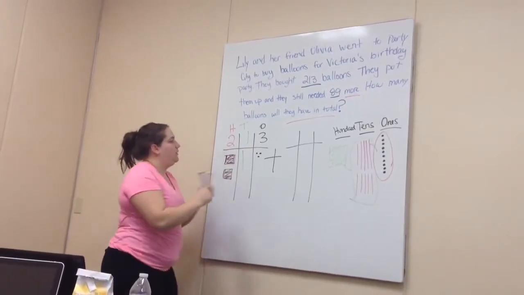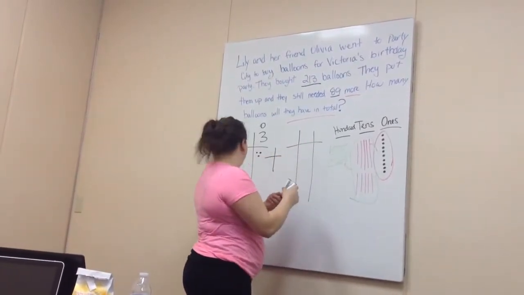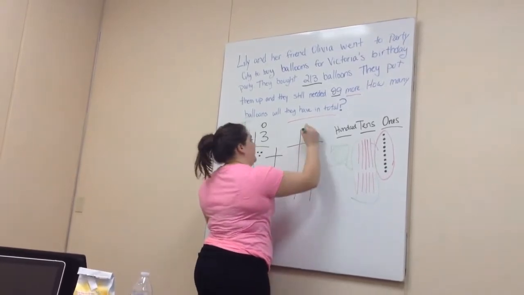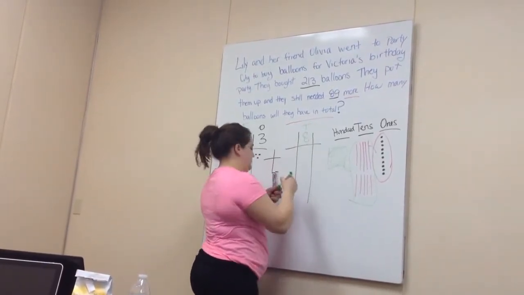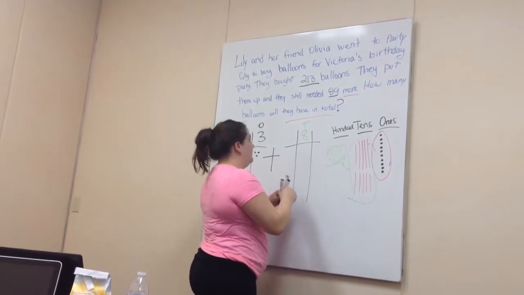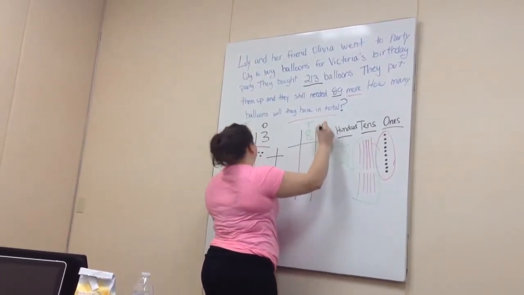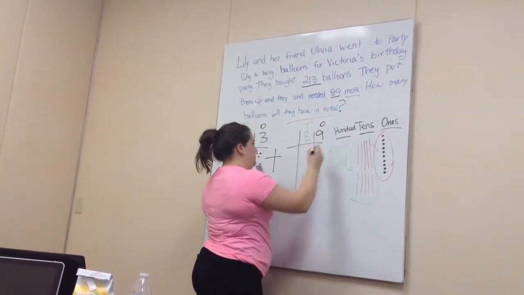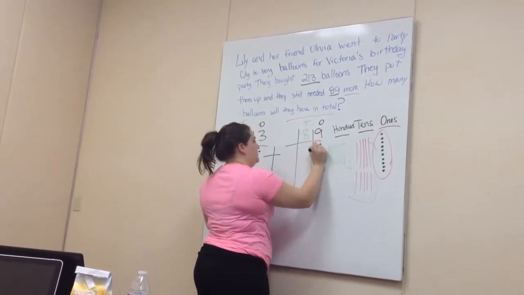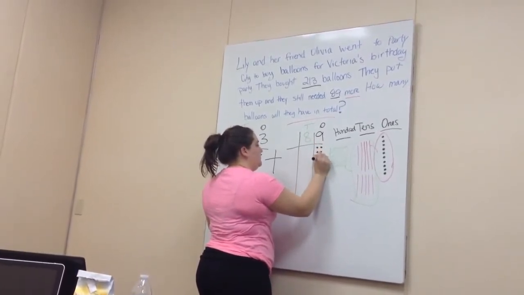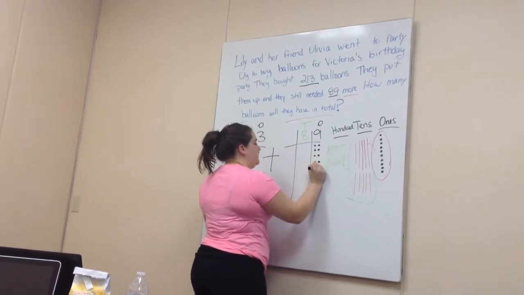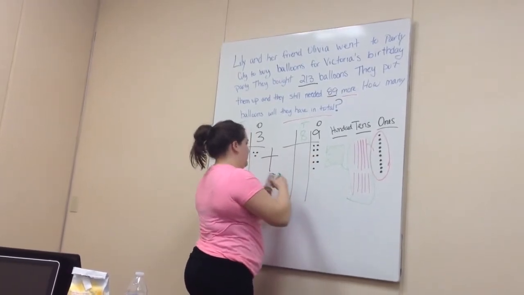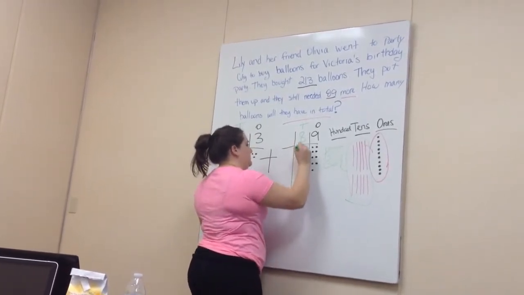Okay, so what we're adding is 89, so we're going to place this here. So the 8 is in the tens, and the 9 is in the ones. So we're going to draw 9. And then we're going to draw 8 rods.